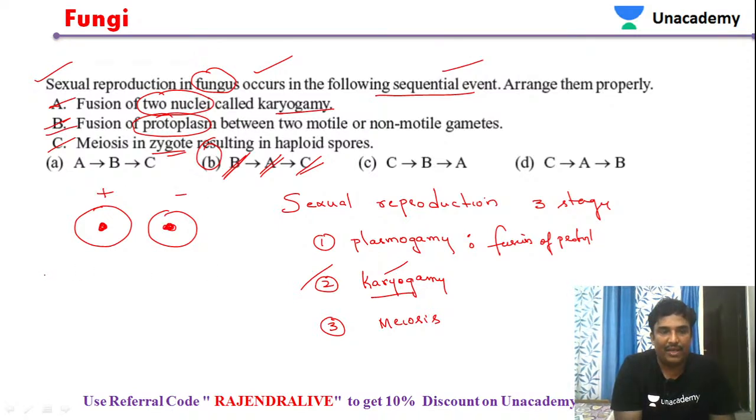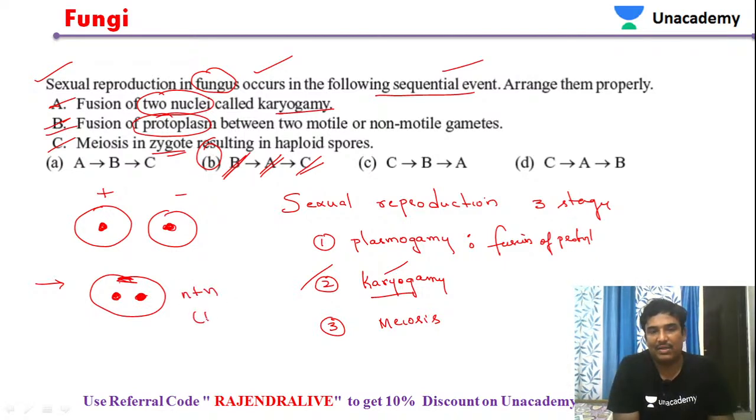In the very first step, plasmogamy, the protoplasm fuses, but the nuclei do not fuse. This condition is called dikaryon, N plus N.